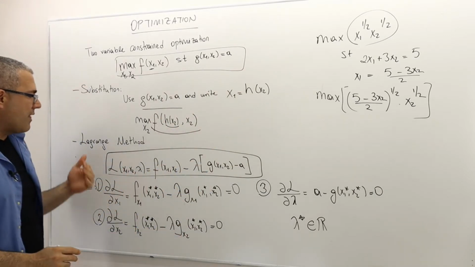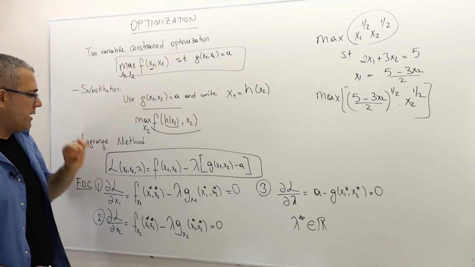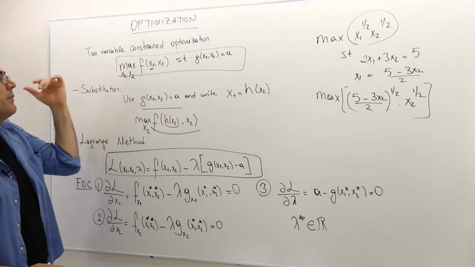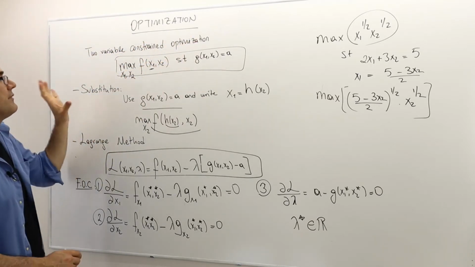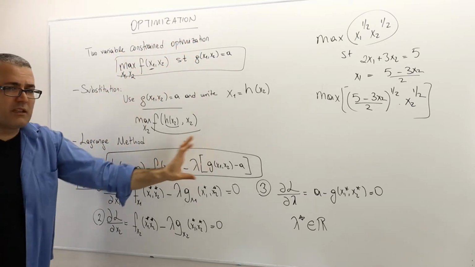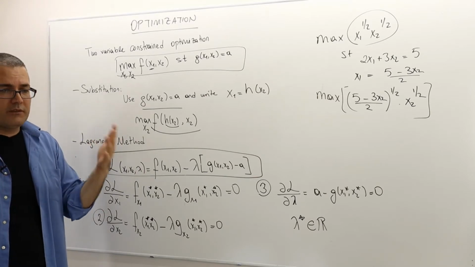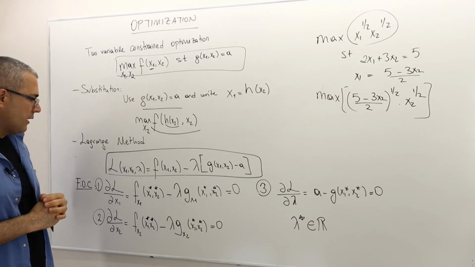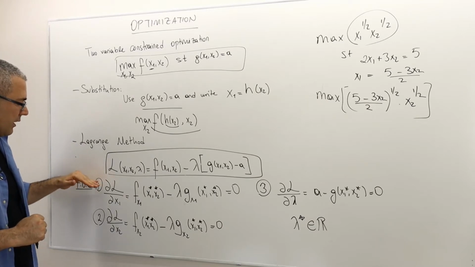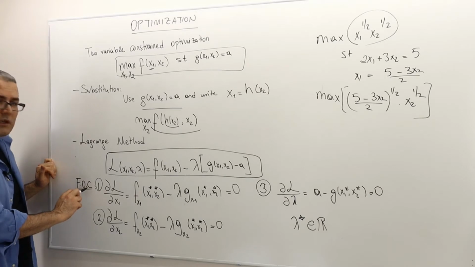All right, and then maximizing this function, solving this problem, and maximizing the Lagrangian or minimizing the Lagrangian are identical or equivalent thanks to the Kuhn-Tucker theorem. So here, what you have to do is first find the first order conditions.